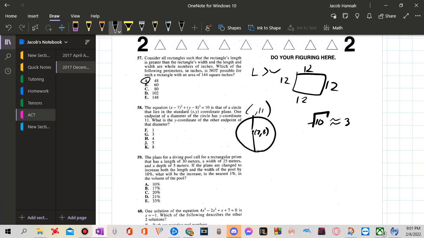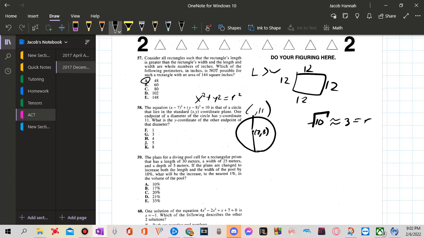This is the radius squared, right? Because x squared plus y squared is equal to r squared. So roughly 3 is the r.